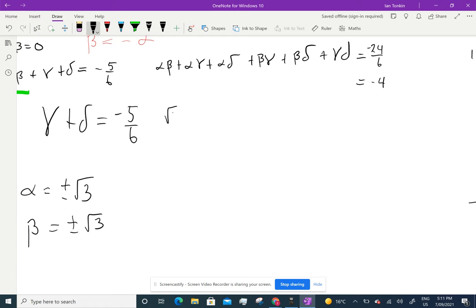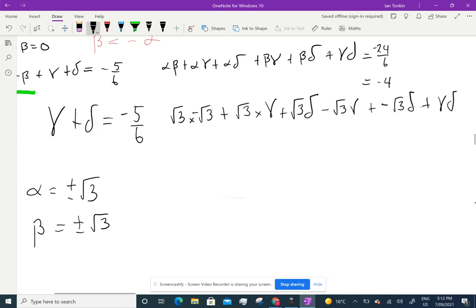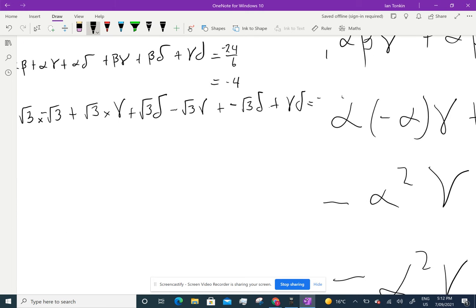So I get root 3 times negative root 3, plus root 3 times gamma, plus root 3 times delta, minus root 3 times gamma, plus beta, which is minus root 3 delta, then plus gamma delta equals minus 4.